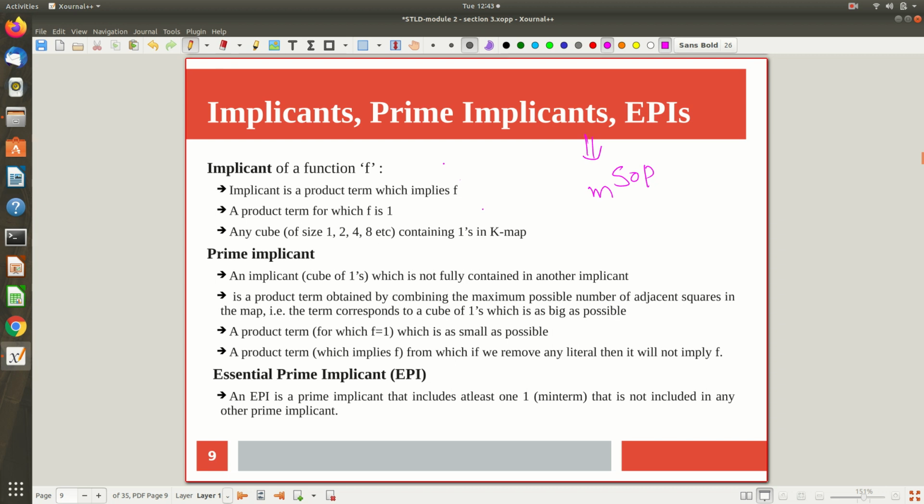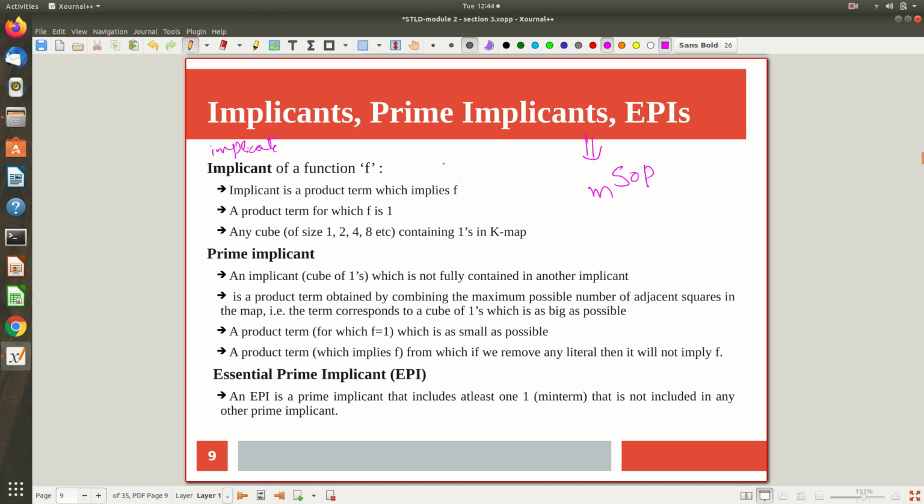In a POS expression, instead of implicant we have a term called implicate. But in most standard textbooks you may not see this term, because it's enough to understand implicant. Implicate is there, but slightly different. After understanding this you can simply correlate with implicate. As it is not that essential, I am not looking into product of sum, but just for your information, if you want you can link with this.